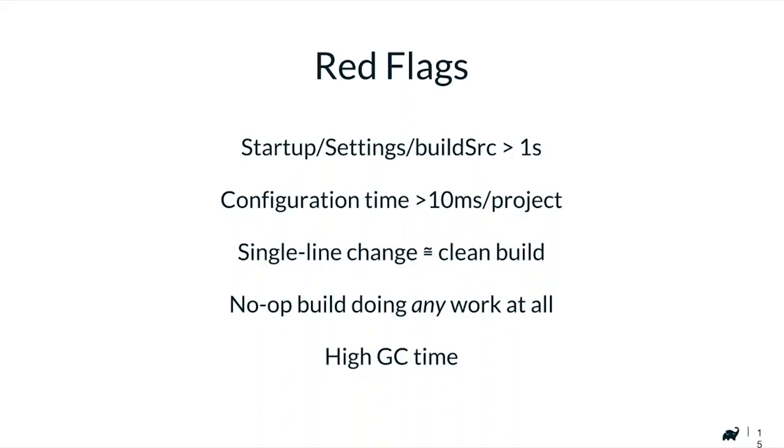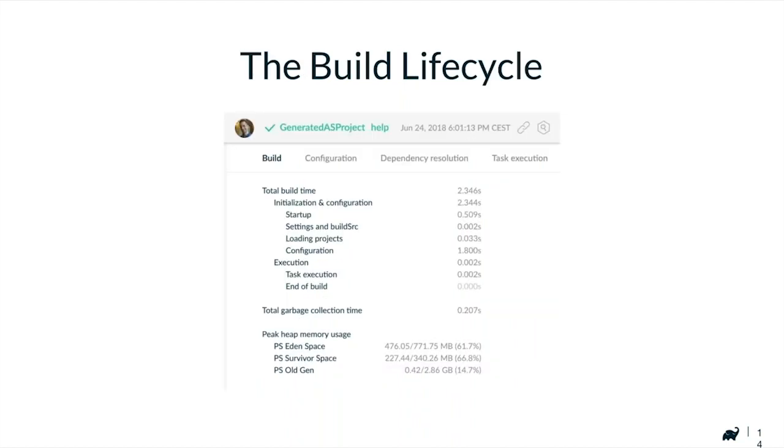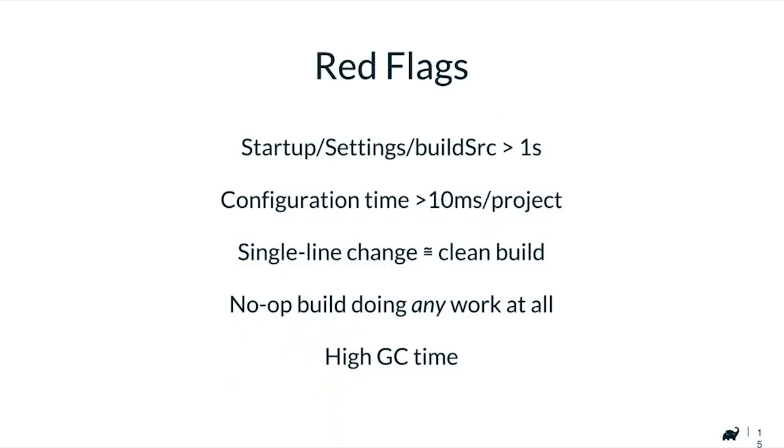So there are some useful guidelines that I always tell people to look into to find out, do I have a problem? What's problematic at all? Right? So if the whole startup, settings, build source that you saw on that earlier slide takes more than 1 second, that's a bad sign. There really shouldn't be much going on there. If configuration time takes more than about 10 milliseconds per project, that's a bad sign.